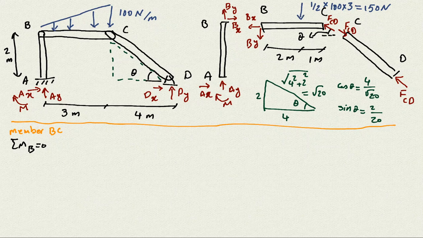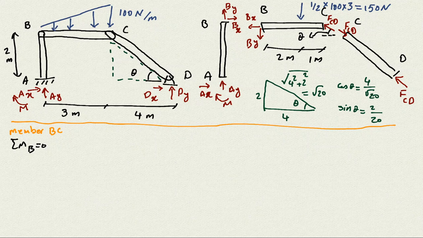The only forces that produce moment are this force here, the resultant of the distributed force, and the vertical component of the FCD. The FCD has two components, the vertical one and the horizontal one. Again, the horizontal component of FCD goes through point B, so it doesn't produce any moment.